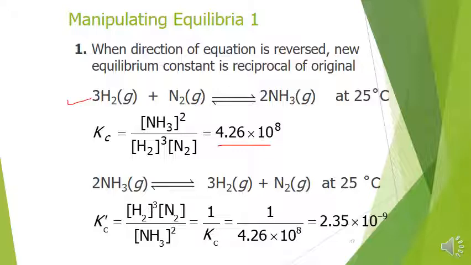So in the reverse reaction, there's not much of this compared to this: the product is a very small amount, and the reactant is a very large amount. Again, if this number is positive, that means you have a lot of product, so product outweighs reactant. If this is a negative number, reactant is going to outweigh the amount of product.